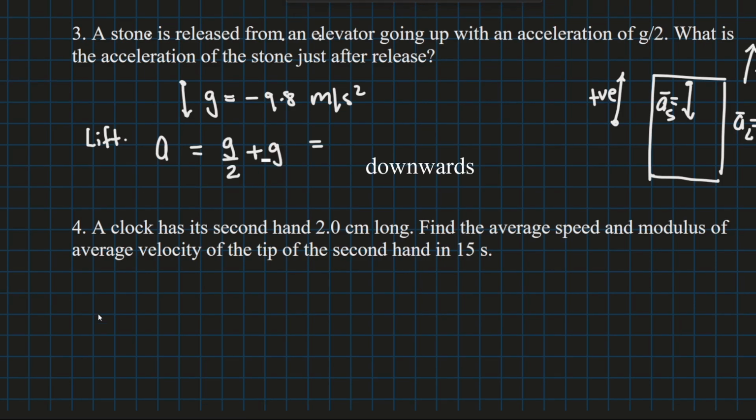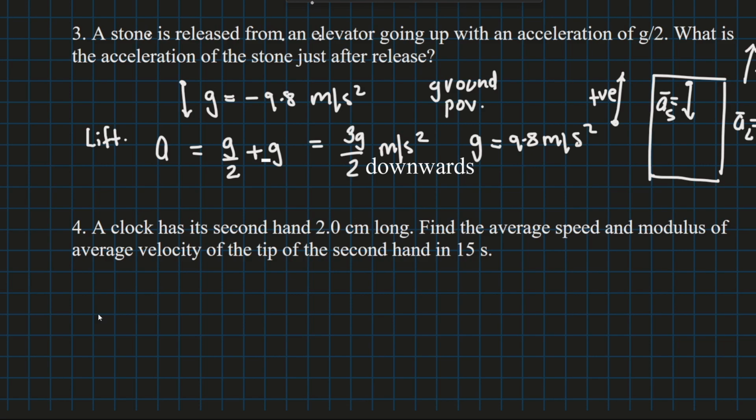So it would be 3g by 2 meters per second square. So with respect to the lift, the acceleration would be 3g by 2. But if we take it from the ground point of view, then only the acceleration of gravity would be observed, which would be 9.8 meters per second square, negative.